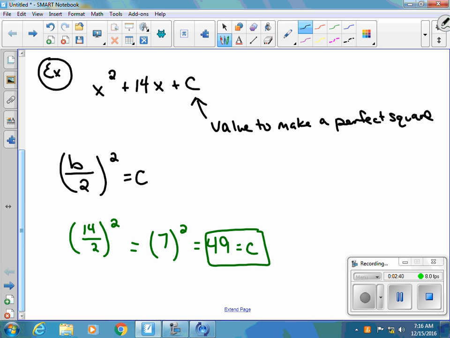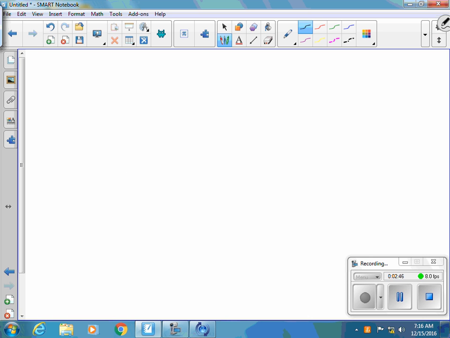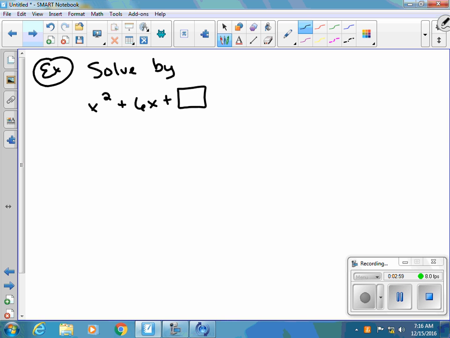Now, it does get a little bit trickier when you are trying to complete the square for both sides. So for example, if I had x squared plus 6x plus our box equals 16 plus our box.